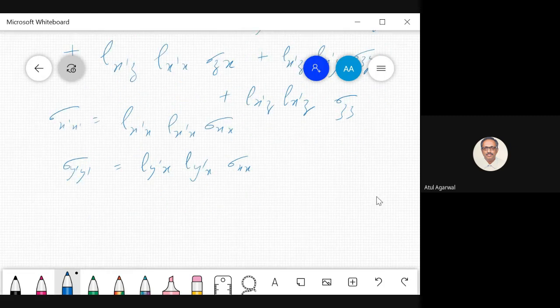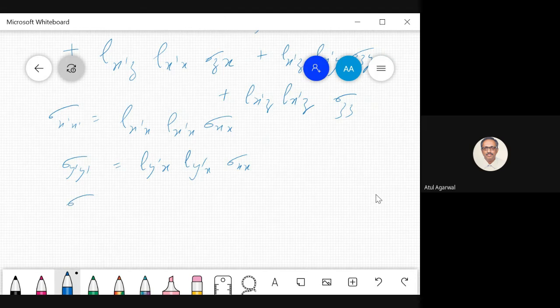No other fellow is contributing. So it is looking little weird, but it's not that weird.